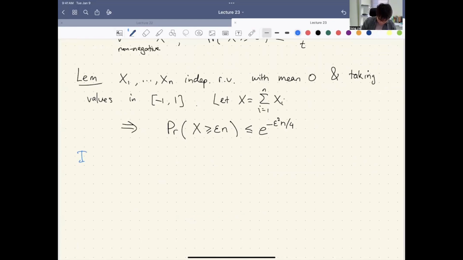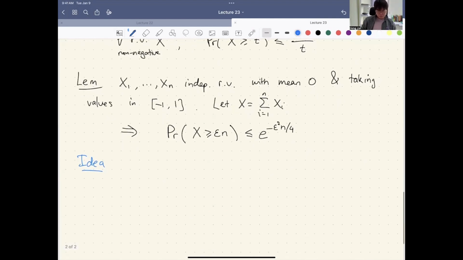Idea. The idea is basically we're going to apply Markov inequality to the exponential moment of this random variable.